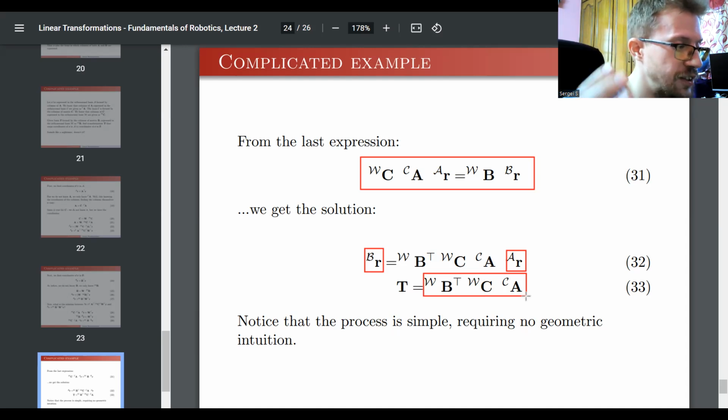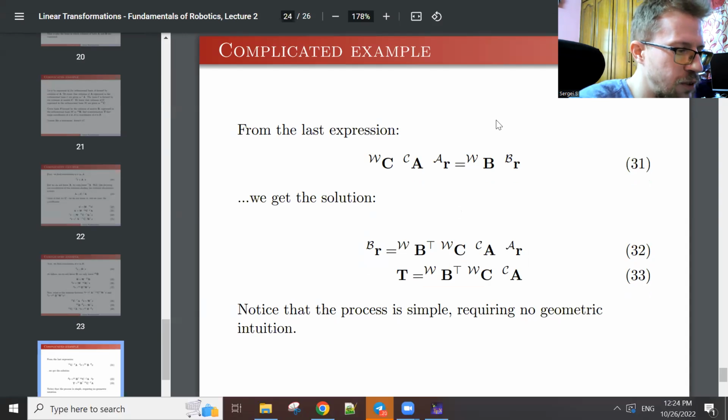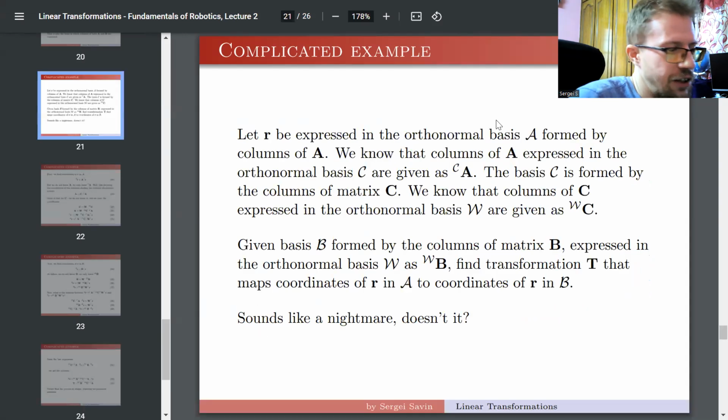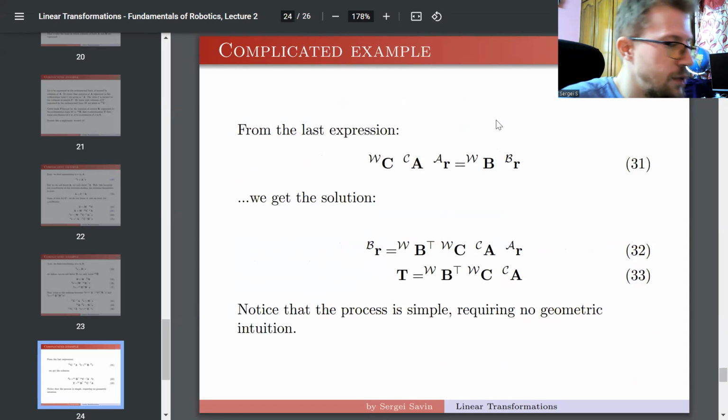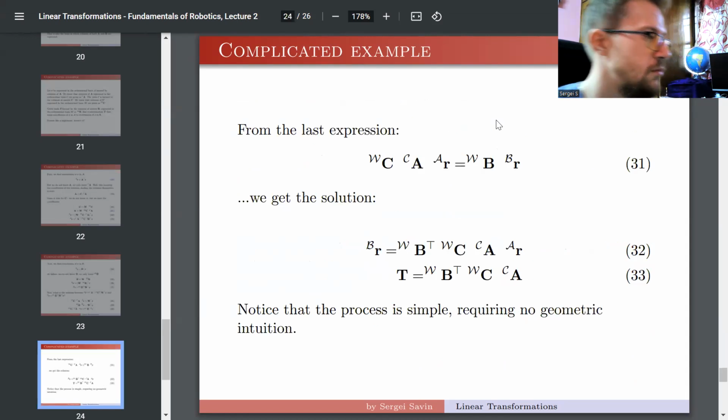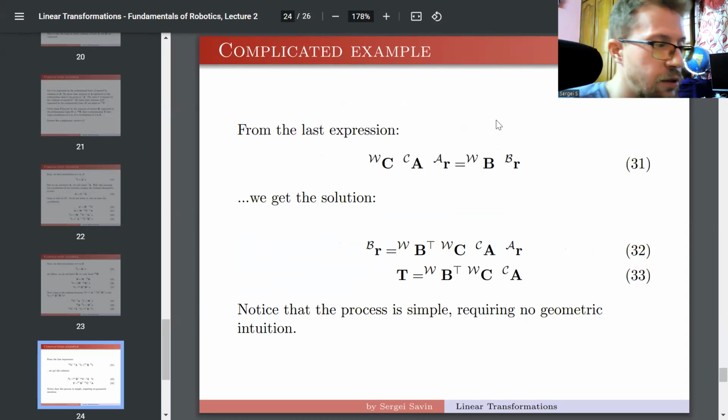That is all we did. Notice how simple it is for such a complicated problem. I mean, this problem just looks like something that could take a weekend. But the solution is not very difficult.